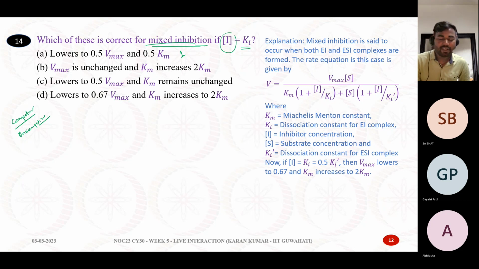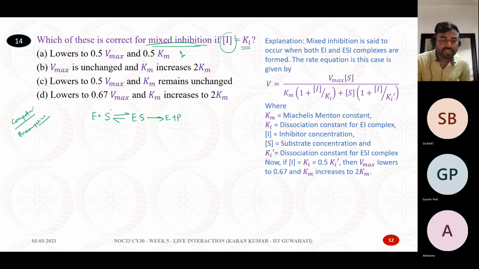You will see that in some reactions, for example when you grow your microorganism, the substrate is also inhibitory to that particular enzyme. In normal kinetics, E plus S will give you the ES complex, and then finally you will get the product.